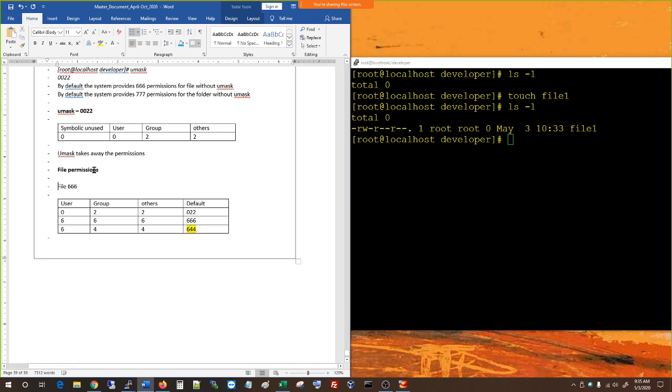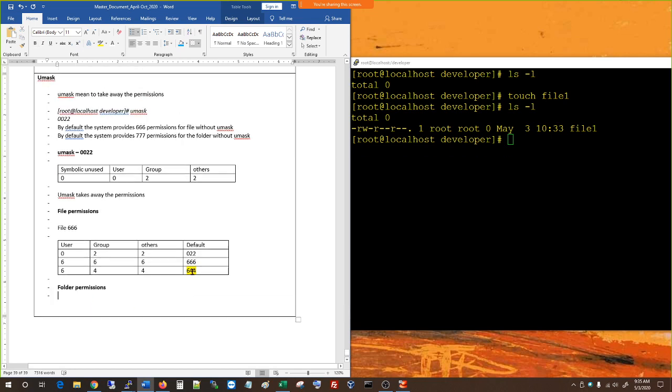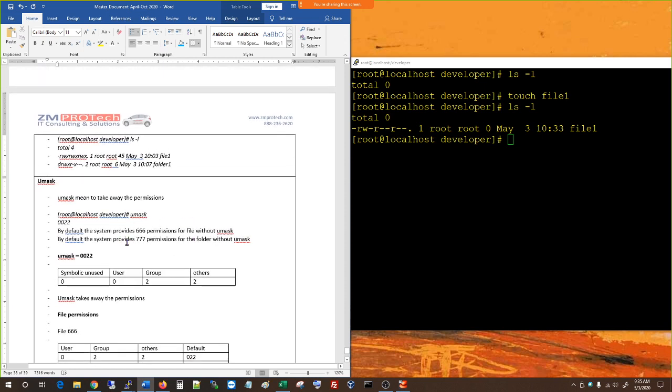Now we're going to work on folder permission. I said the folder permissions work off of 777, and files work off of 666 permissions.